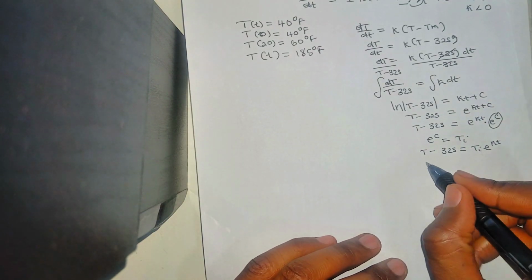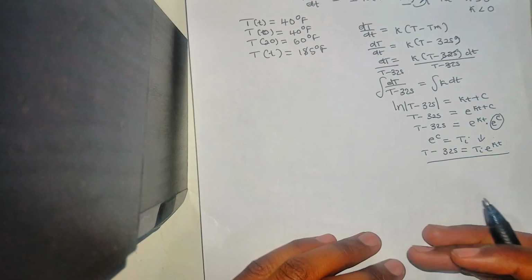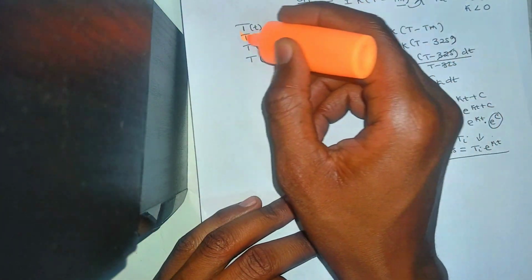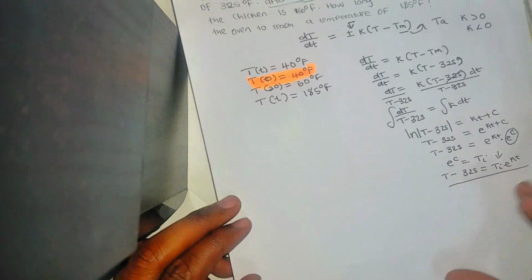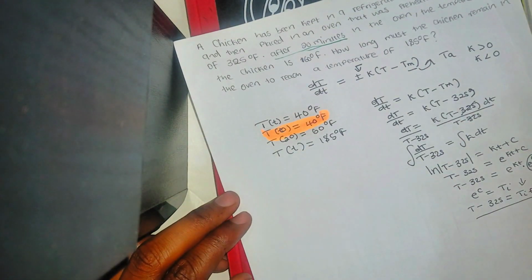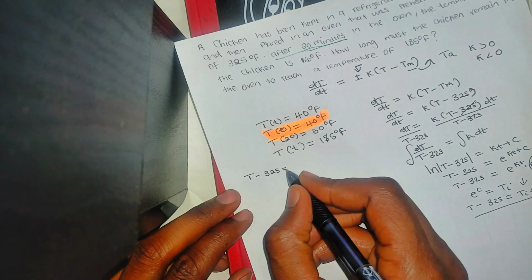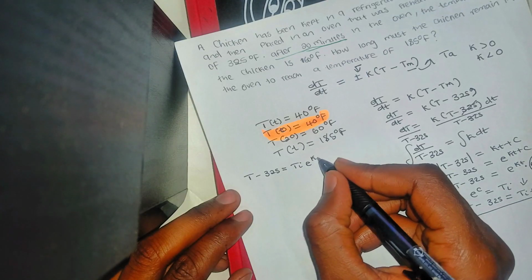So we need to look for this, and the only way we can find it is conveniently at the beginning, where time is 0. So here we say T minus 325 is equal to T initial e to the power kt, right?